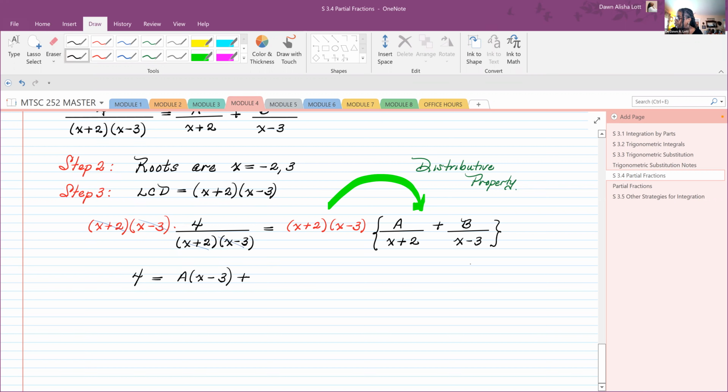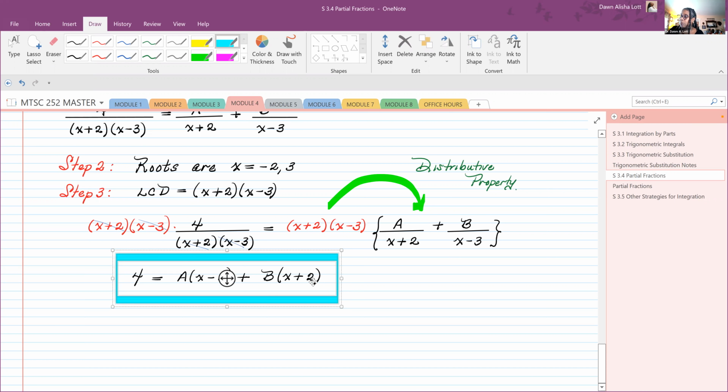The x minus 3's divide out, and I get B times x plus 2. All right, so that is the major equation.